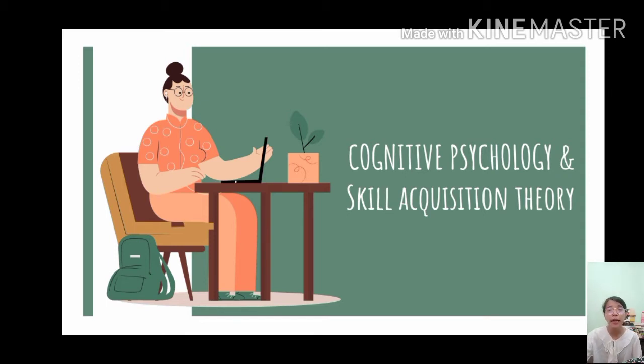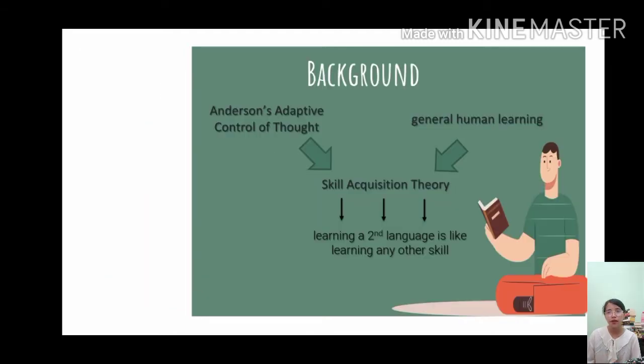In second language acquisition, there are a number of theories which have been devised based on the model of skill acquisition in cognitive psychology. Now this theory, the skill acquisition theory, falls under the category of general human learning, which focuses on language learning as a process of human learning.